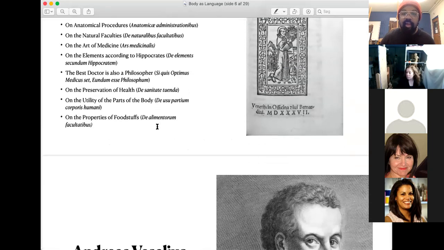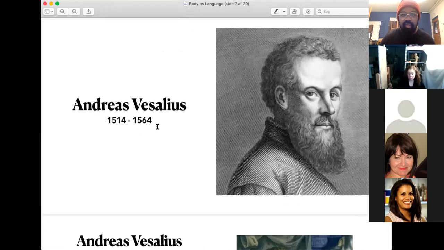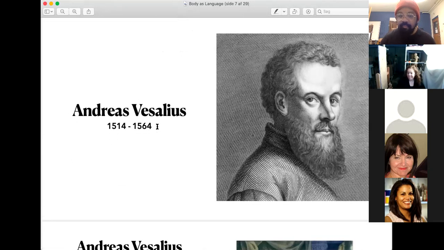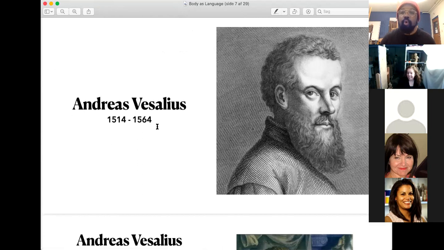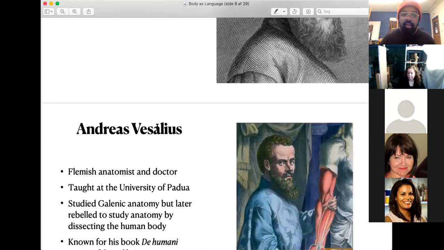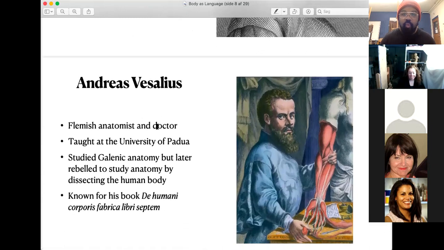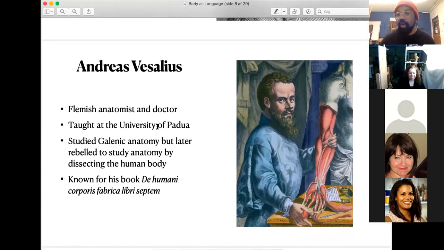And the person to challenge him was Andreas Vesalius, who was a Flemish-born anatomist and doctor who wound up studying in Paris, and then he taught at the University of Padua, which is still there today.